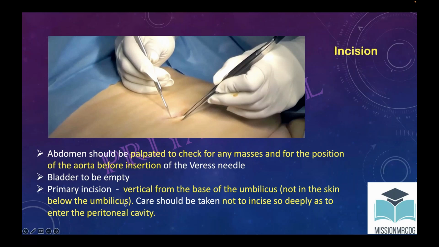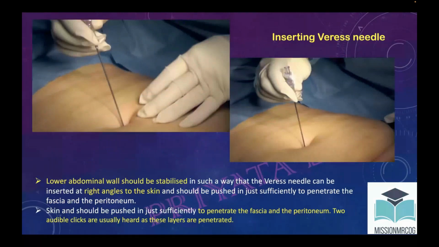After that, now the incision is done, so we move to holding the Veress needle. The Veress needle is held in a pen-shaped or pencil-holding manner, and usually you hold it about 3-4 centimeters from the tip, because only this much is to go in. After putting it in, you stabilize the abdominal wall.